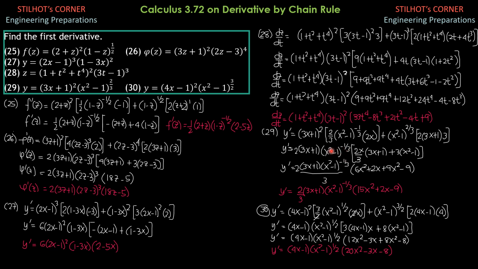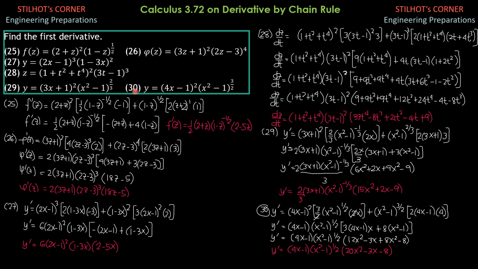Then we just copy this part here. 2 quantity 3x plus 1 quantity x squared minus 1 to the negative 1/3, then over 3. Then finally, we have 2/3 of quantity 3x plus 1 quantity x squared minus 1 to the negative 1/3. Simplifying this, we have 6x squared plus 9x squared is 15x squared. Then plus 2x, then minus 9.